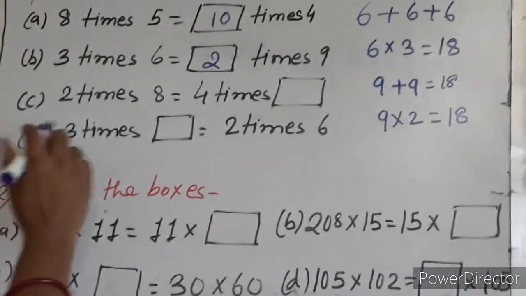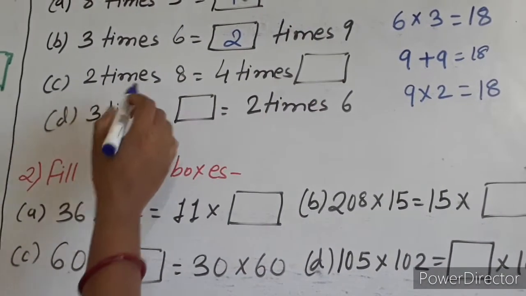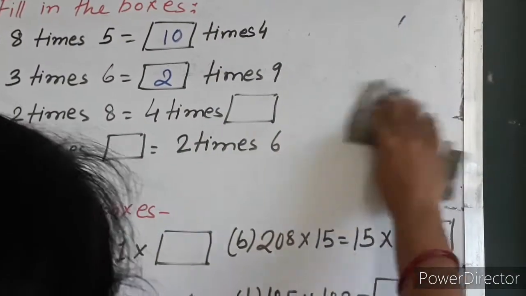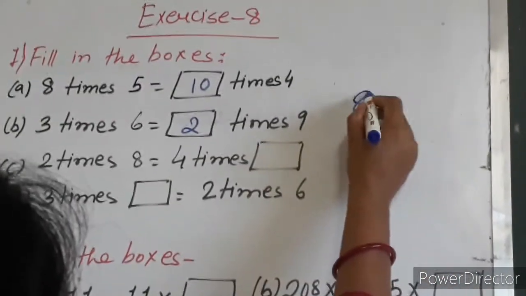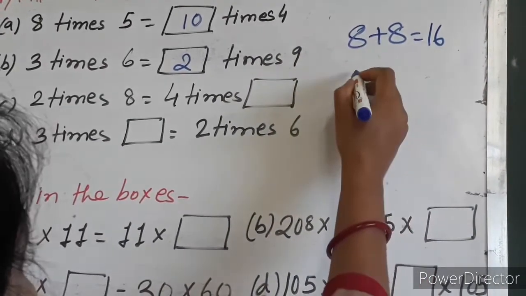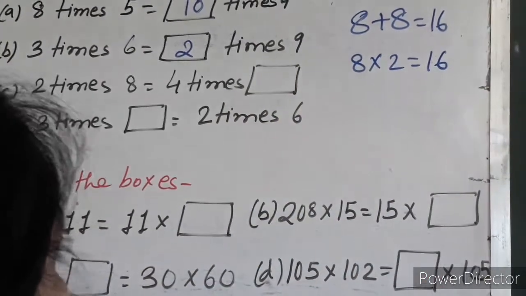Okay. Then C. 2 times 8 equal to 4 times dash. So 2 times 8, if we write 8 plus 8, that is 16, or 8 into 2 equal to 16.